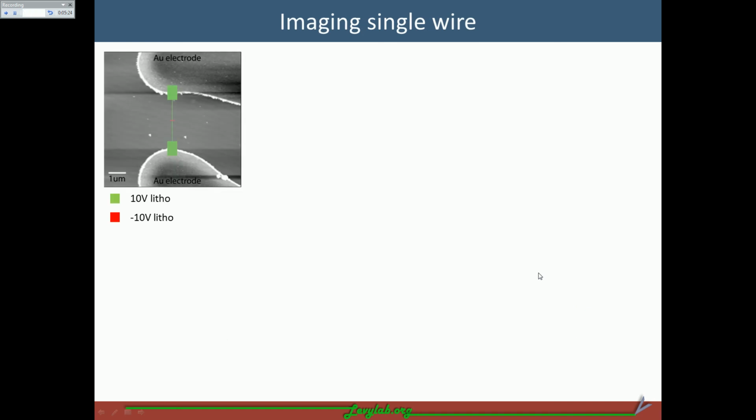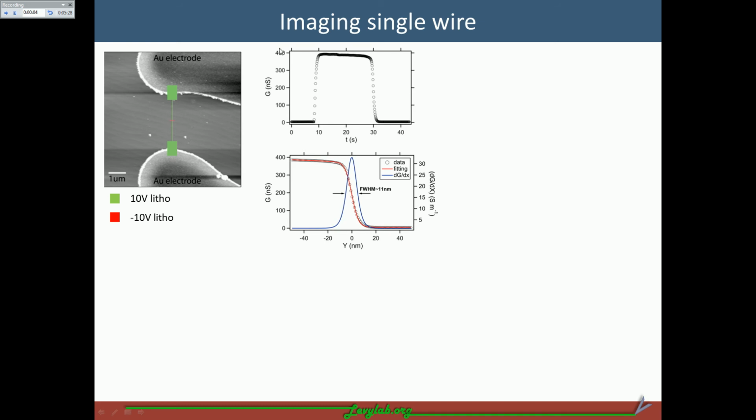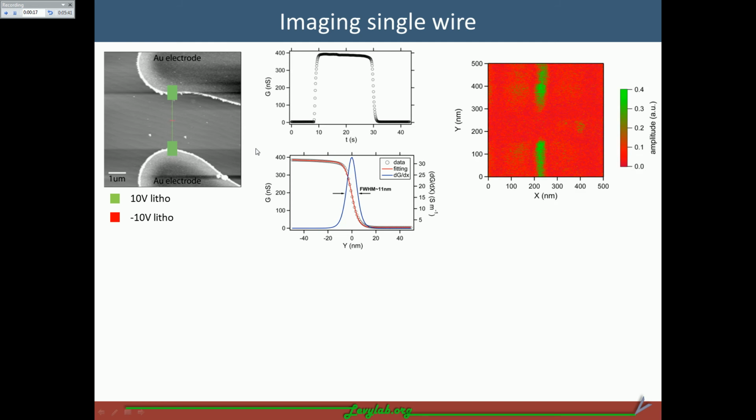So, the first thing we create is the single wire, and we can monitor the conduction change during the writing. From the conduction drop, we can estimate the wire width is around 11 nanometers, and then we can use the PFM method to image the wire, as we can see here.